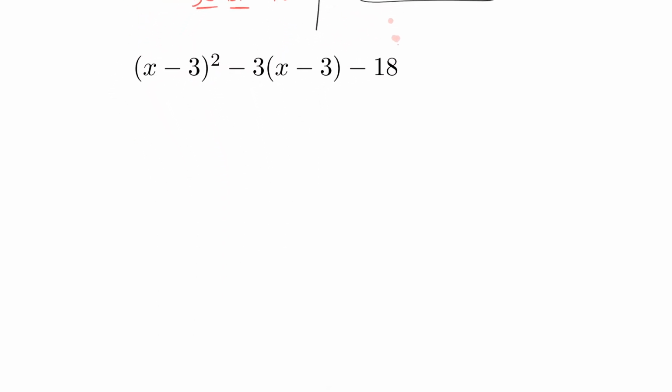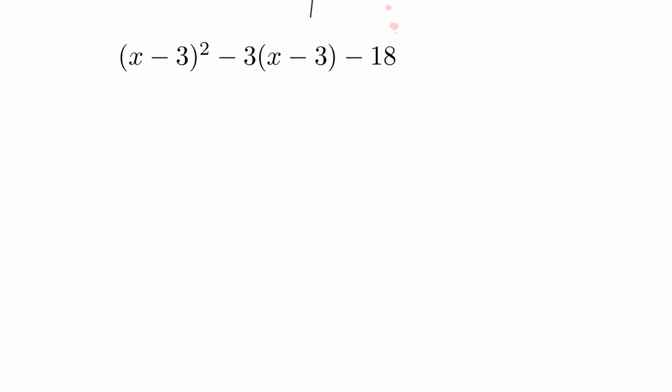Now we have x minus 3 squared minus 3 that multiplies x minus 3 minus 18. Okay, so here the substitution will be, as you can see, x minus 3, right? So now where we see x minus 3, we're gonna write a w.